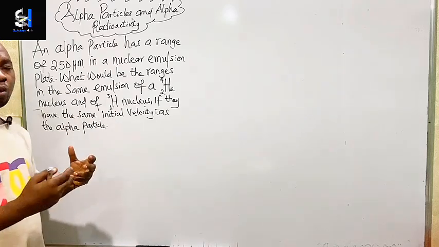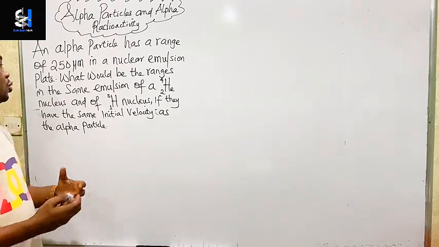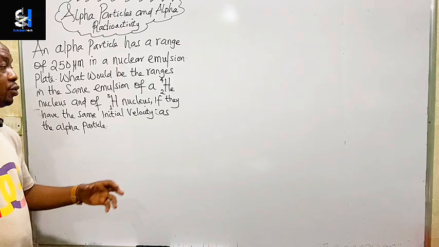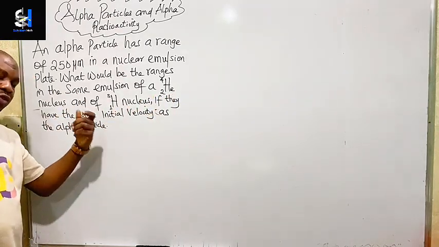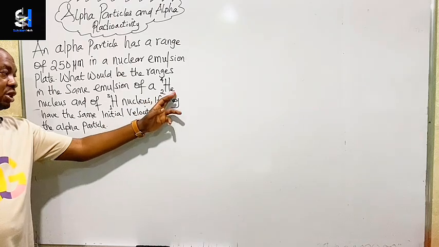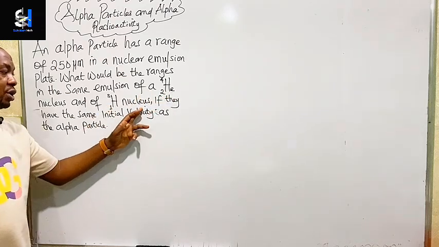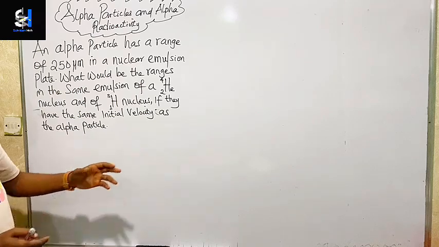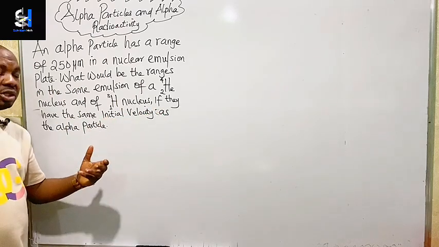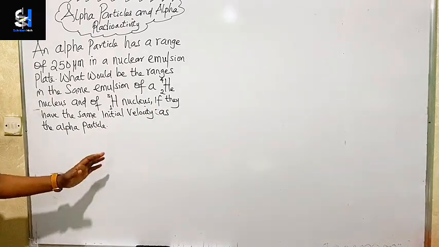For us to know in what range, this is the helium nucleus and this is the tritium nucleus. In what ranges will they be if they have the same initial velocity as the alpha particle?